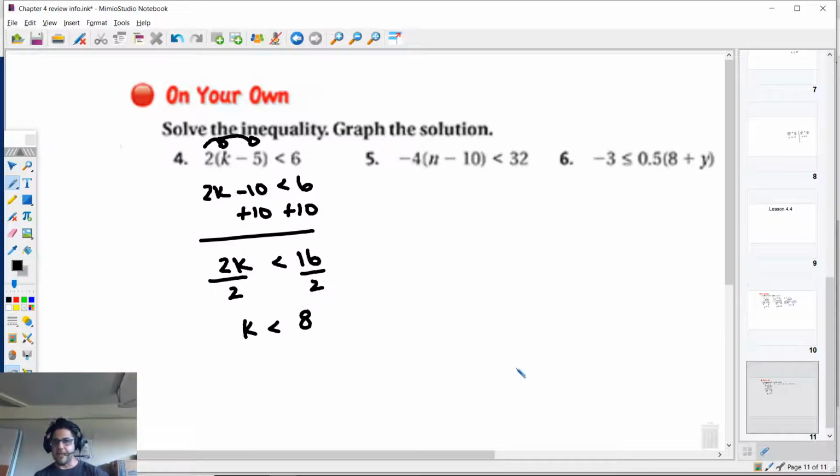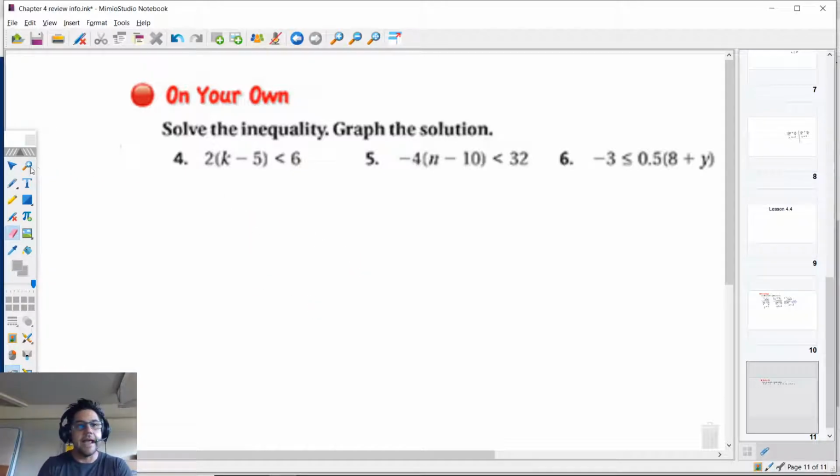All right, so keep that answer in mind because I'm going to show you the, I don't want to call it the advanced way, but it's kind of an advanced way. K is less than 8. Remember that. Okay, so let me erase it. Now, if you remember, this means 2 multiplied by k subtract 5. So if I want to, I could divide by 2 here and here, as long as I keep it on both sides. 2 divided by 2 is 1.